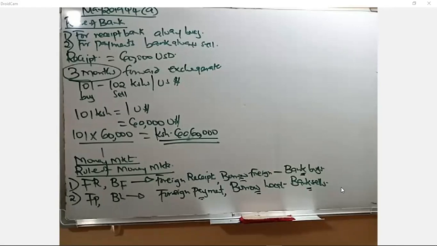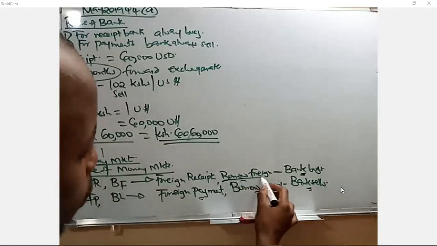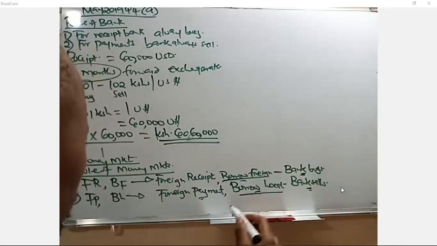Now, from that analysis, I just want us to do the money market part, which is part 2. And one of the key aspects in this question, I can see the examiner is giving me 2 concepts, because we have already talked about borrowing, borrow foreign, borrow local, and also investing.